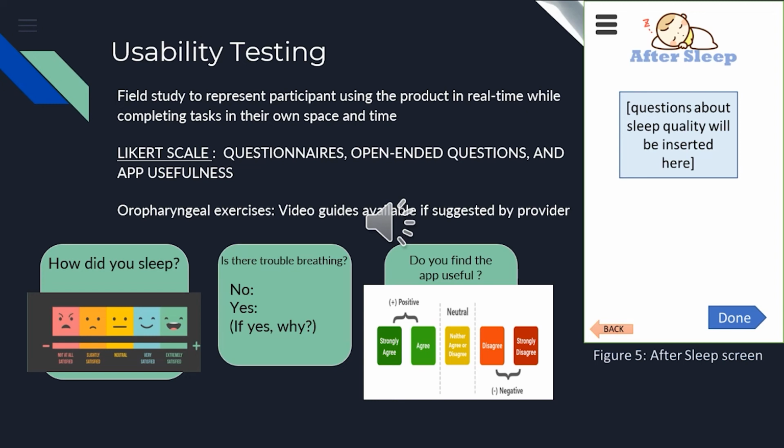They would suck the entire tongue up against the palate 20 times, and force the back of the tongue against the floor of the mouth while touching the tip of the tongue to the bottom incisors about 20 times. There would be step-by-step video guides available if suggested by their providers, and the app would test the effectiveness of these exercises.